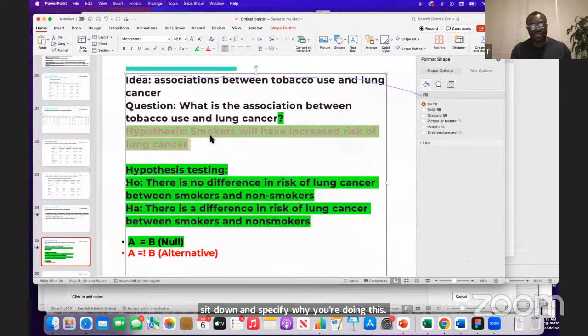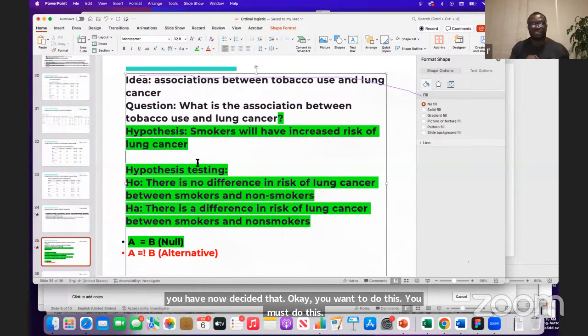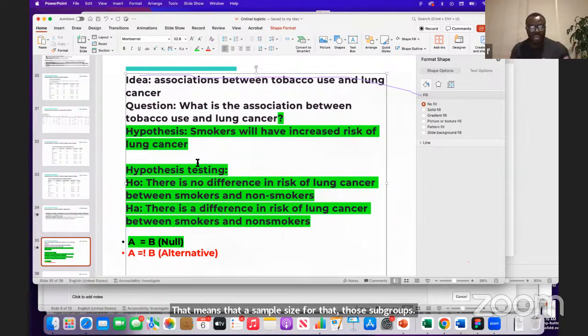And if you're going to do it, you have to specify the subgroup analysis a priori in your protocol. Now, once you have decided that you must do the subgroup analysis, that means your sample size for those subgroups should be sufficient. So look at the subgroups you want to do and make sure that you have enough people in those groups to even do the study in those groups at all.